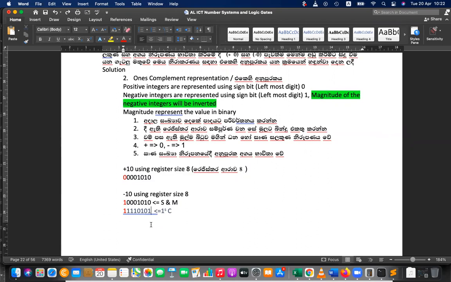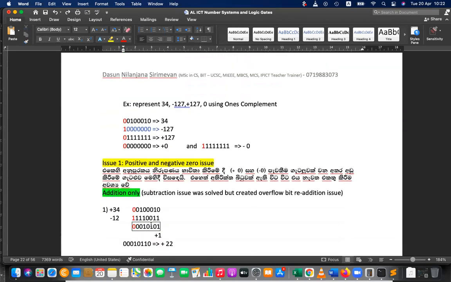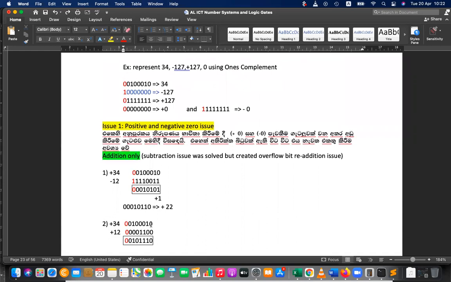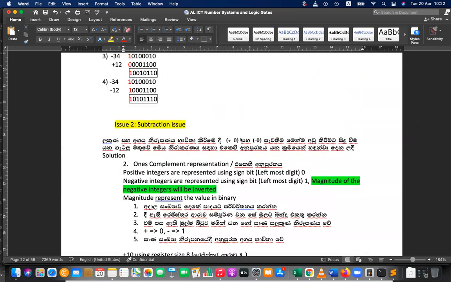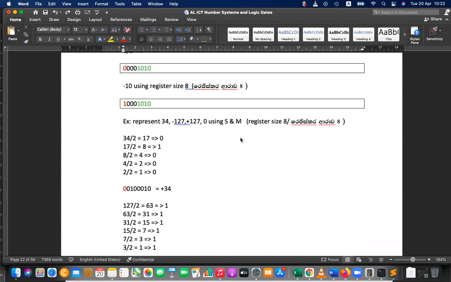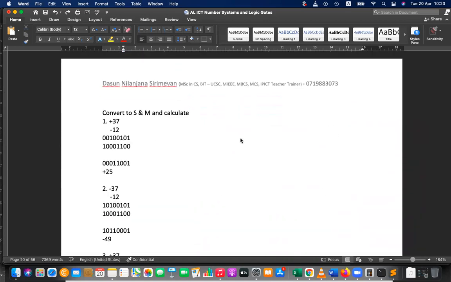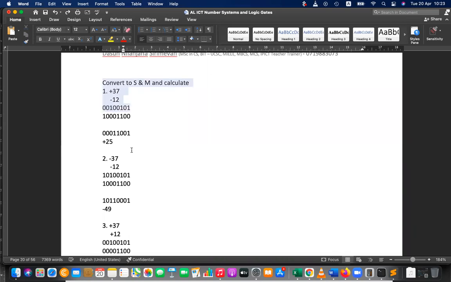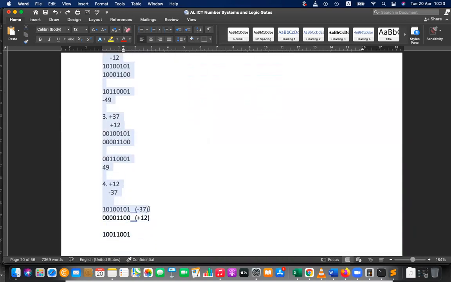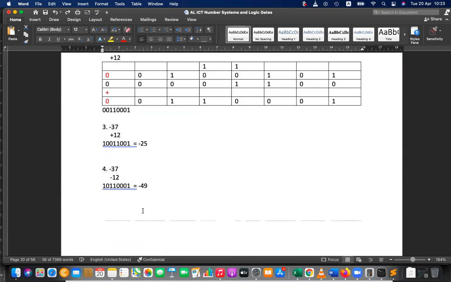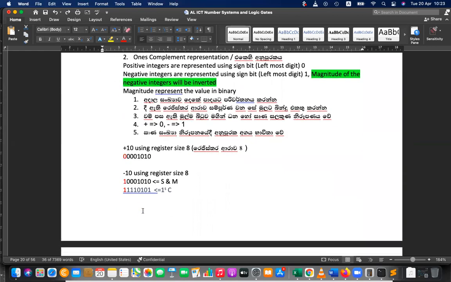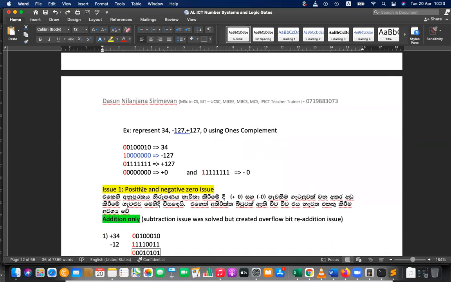The advantage of this is that when we represent the numbers, you will not get the subtraction issue, because you can do everything by addition. So let me do this using the previous example that we tried.